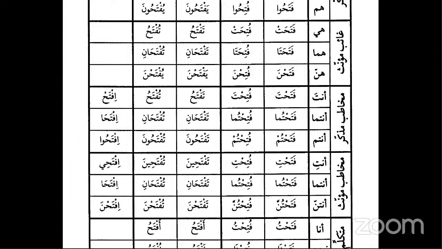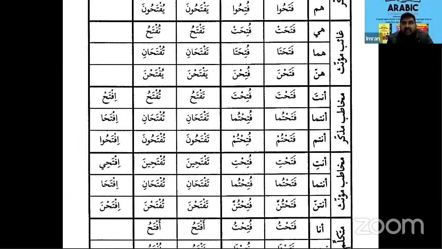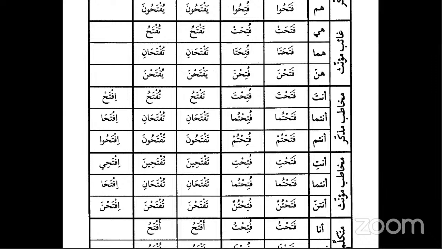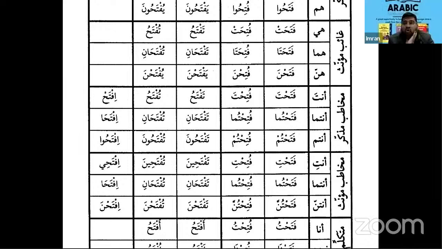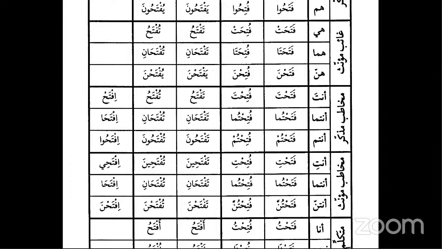So iftah. Why is it given a kasra rather than a dhamma? Uktub, kataba yaktub, uktub. Why can you not say uftah? Why is it iftah? Because the last letter has a kasra, and that is removed.